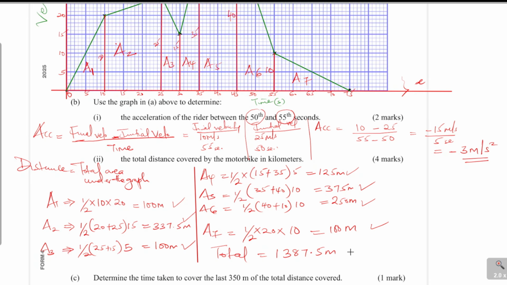So in kilometers, you simply divide this by 1,000. 1,000 meters is equivalent to 1 kilometer. This will give 1.3875 kilometers. So that is how you're supposed to solve that part.